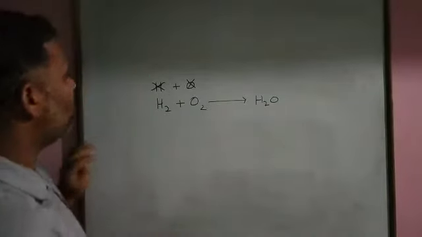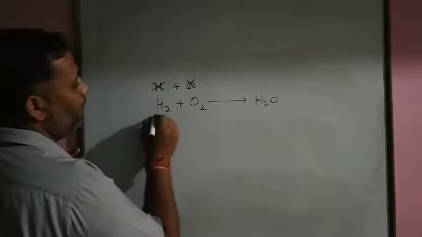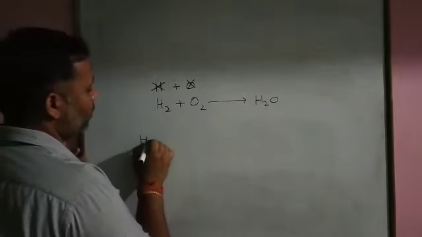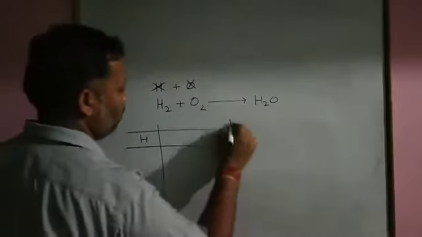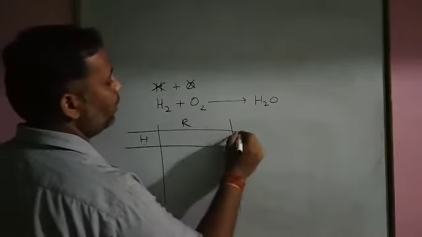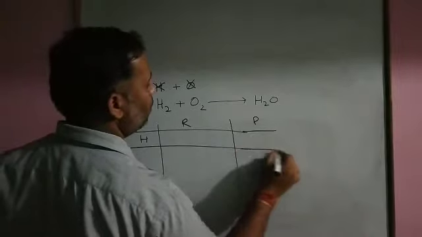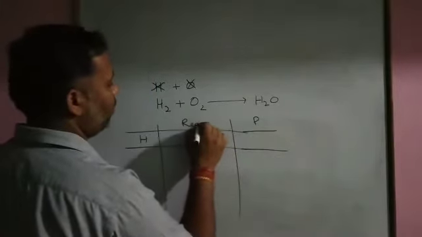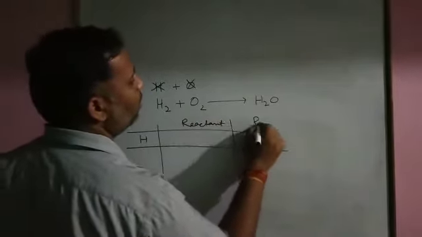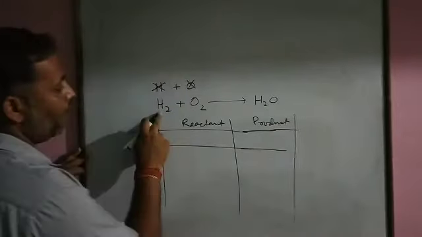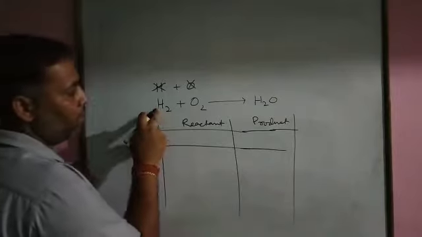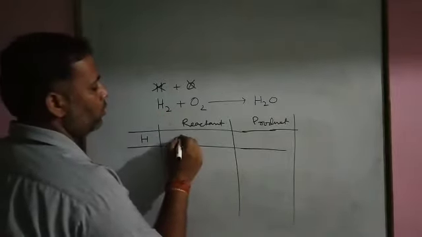You see here, let us see hydrogen in reactant and in product. What we see here, hydrogen here, how many atoms are there? 1 and 1, 2. 2 hydrogen atoms.